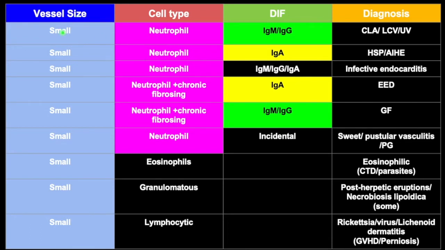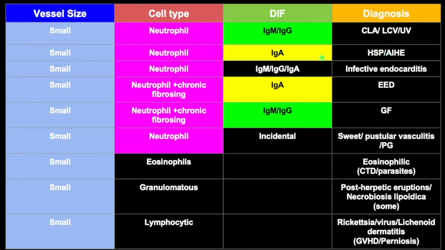And if you look here, if you take into consideration the vessel size, and then you take the cell type, so we have small vessel with neutrophils, and then you do DIF, IgM and IgG, you come up with a diagnosis, so LCV, UV, or CLA. Let's take another example. We have small vessel, neutrophil, and IgA, so we get HSP and or AIHE.